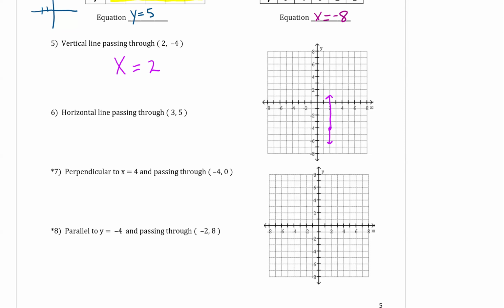For number 6, I want a horizontal line passing through the point 3, 5. If I go over 3 and up 5 and I plot the point, and I want a horizontal line through that point, that's going to be the orange line I just drew. And that is a horizontal line, y equals the y value. So that's y equals 5.